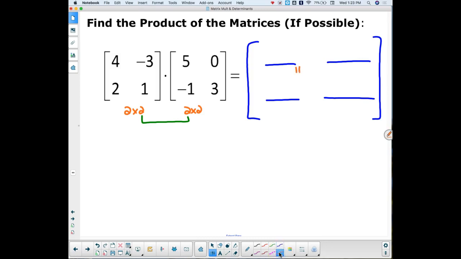Row 1, column 1 says row 1, column 1. 4 times 5 plus negative 3 times negative 1. Row 1, column 2. 4 times 0 plus negative 3 times 3.